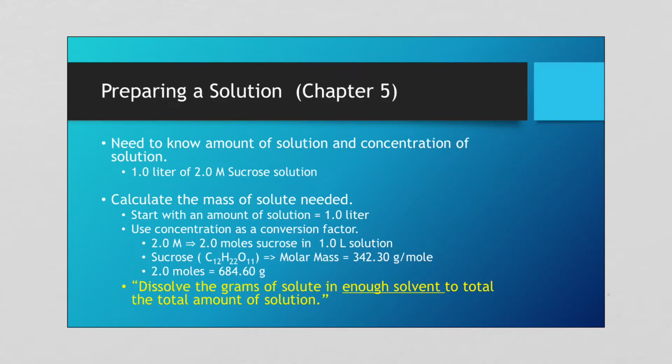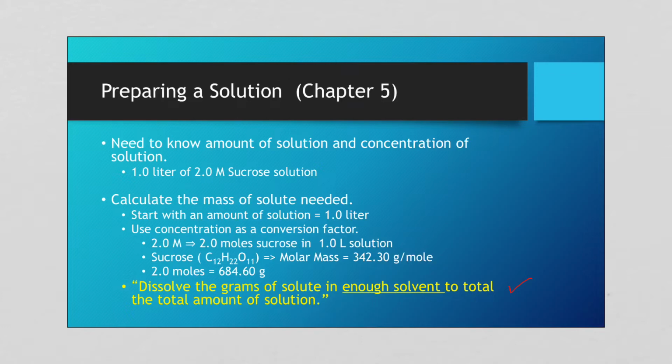Now, one other idea about molarity that I want to express is preparing a solution. So, one of the key things is this last statement, right? When we say that it's moles per a certain volume, what that means is that is the volume of solution, not the volume of solvent.